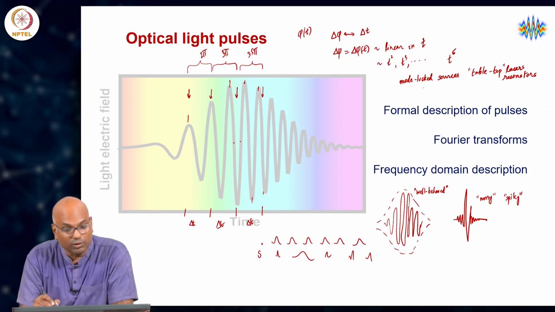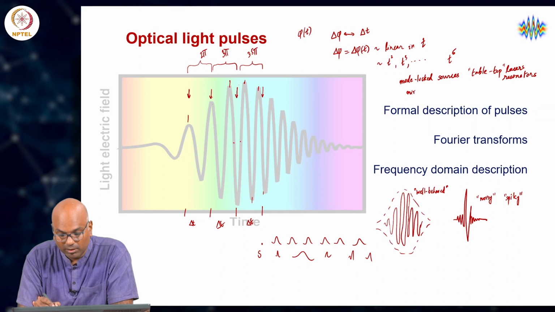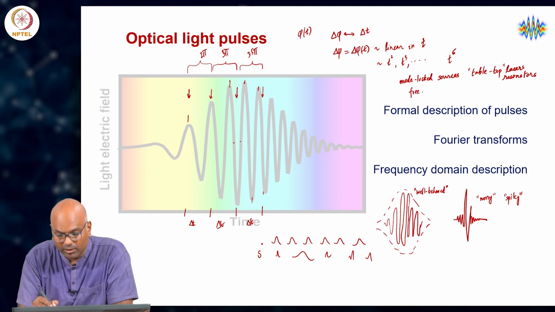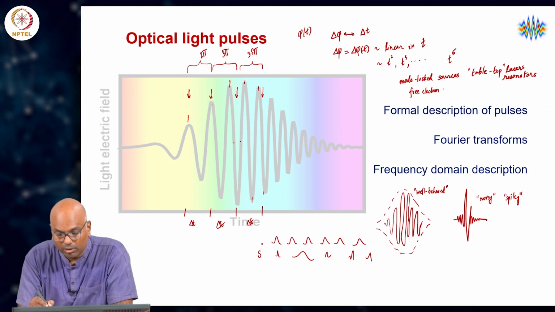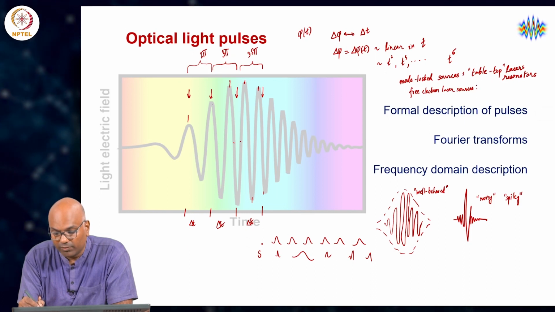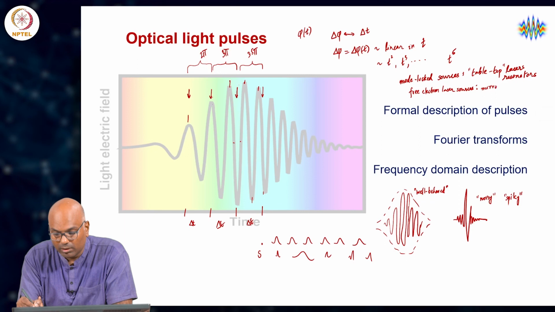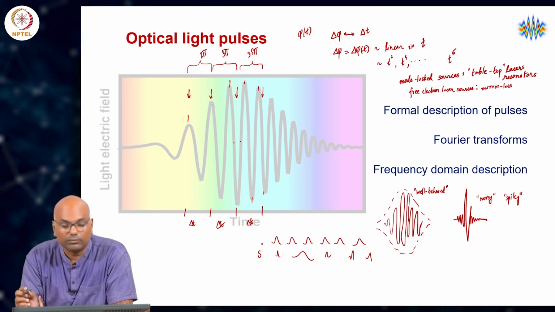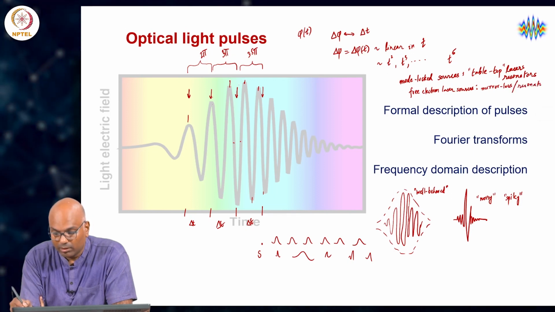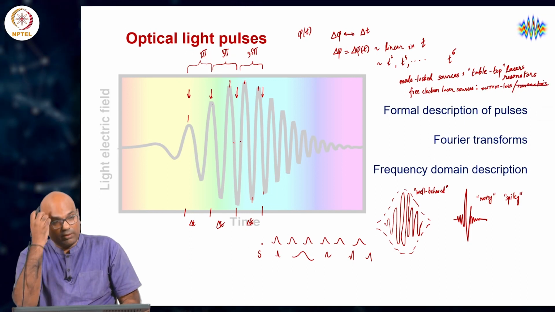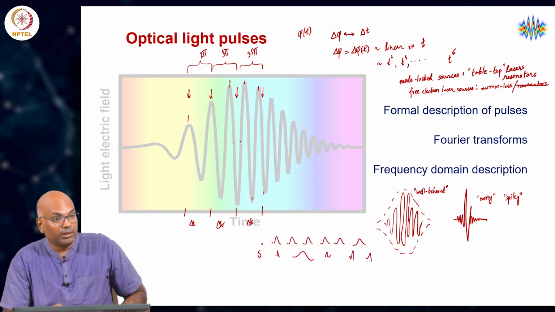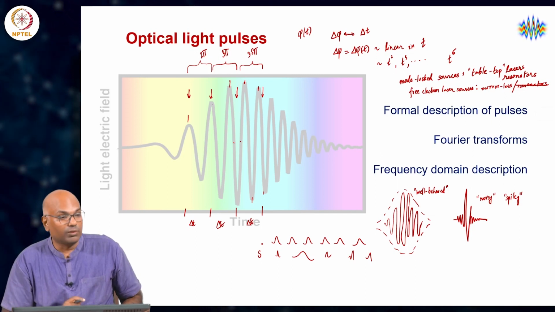Whereas you can also have ultra short pulses from mirrorless sources, these are free electron laser sources, which do not have mirrors, they are mirrorless, and they essentially do not contain the advantage of resonators, in which case you can still get ultra short laser pulses, but they will not be as well behaved as in the case of tabletop lasers.